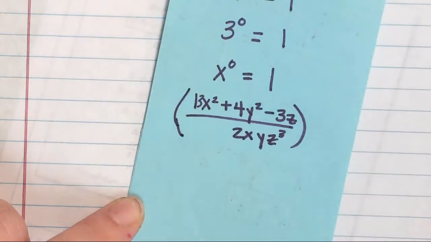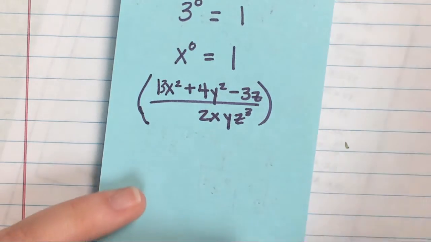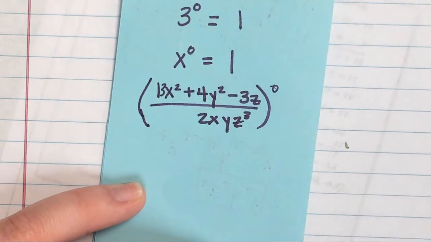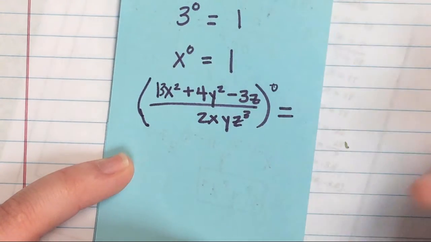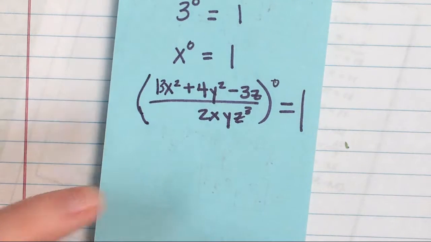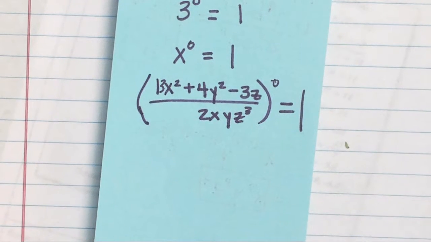A giant thing that looks like that makes you start sweating. And I raise it all to the 0 power. So the answer for the whole giant thing is still 1. They love to do that kind of thing. The whole giant thing, no matter what it is, if it's raised to the 0 power, it is 1.